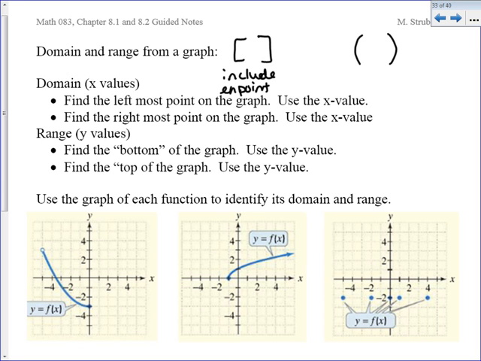If you use parentheses, you're saying do not include the endpoint. When you're writing one domain or range, you could have a square bracket on one side and a parenthesis on the other. It's based on the individual endpoints. Am I including that number? Am I not including that number?